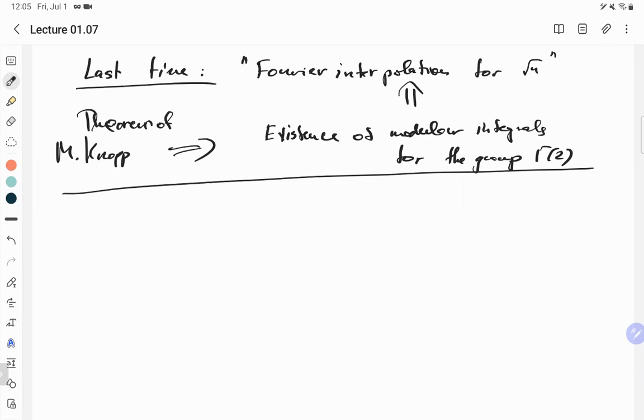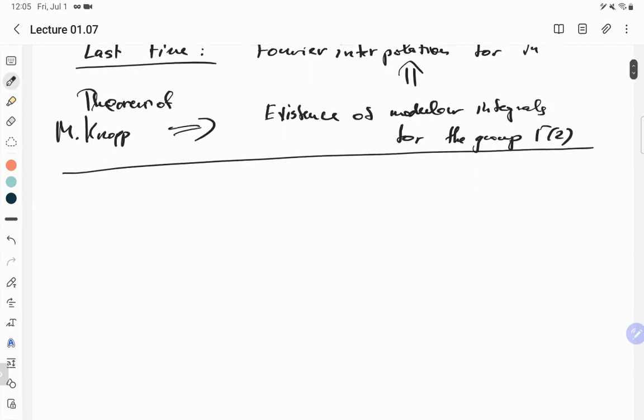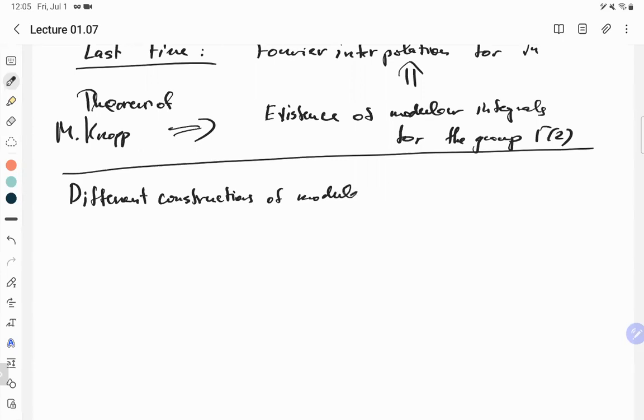Okay. So, alternative proofs of existence, or different constructions of modular integrals. I'll just sketch a few of the approaches because they're useful for different things. There's one approach that a student of Marina found.